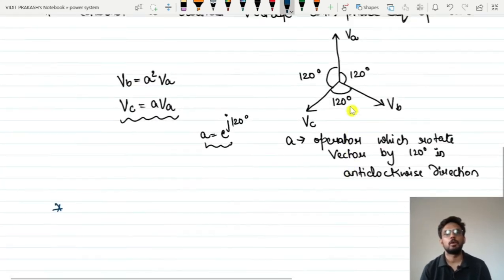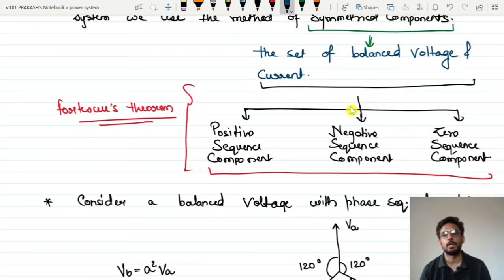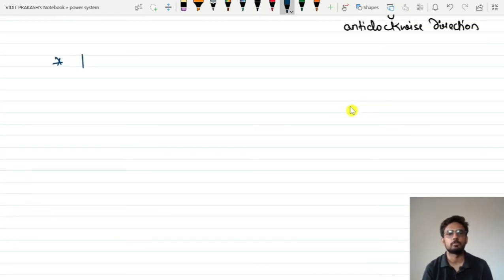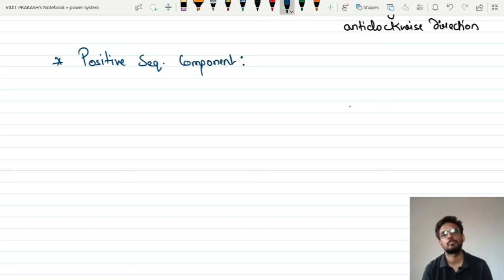Now we will see all the three components, that is positive, negative and zero sequence component. First is positive sequence component. Okay, so what are positive sequence components?